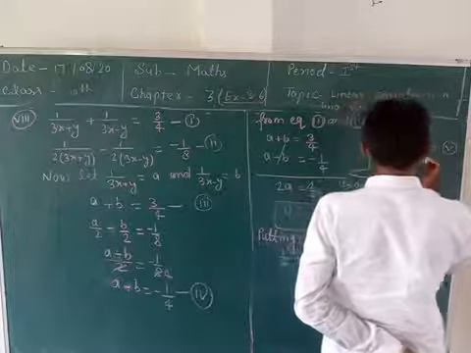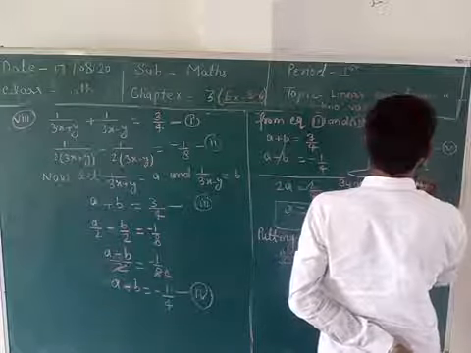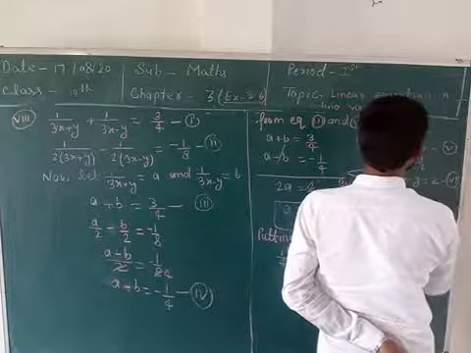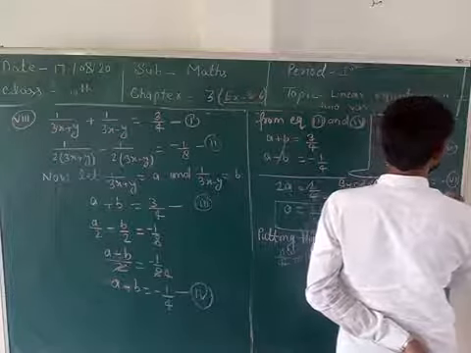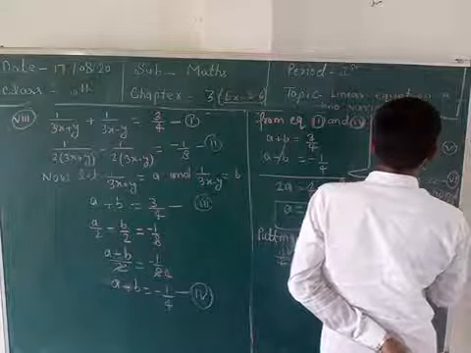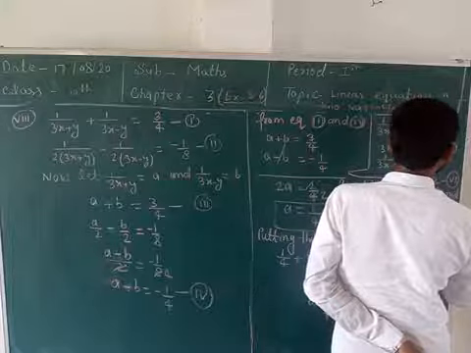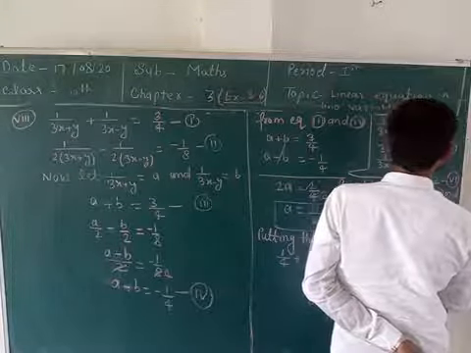B means 1/2. Then 3x minus y equal to 2. This is equation 6. From equation 5 and 6 we have 3x plus y equal to 4 and 3x minus y equal to 2.